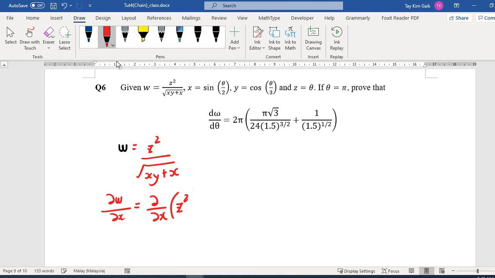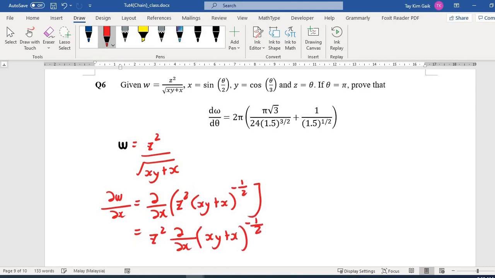Okay, this one I'll bring up, it becomes xy plus x power negative half. So when you del x, z squared is constant, so you factor out z squared. So you del x, xy plus x power negative half.